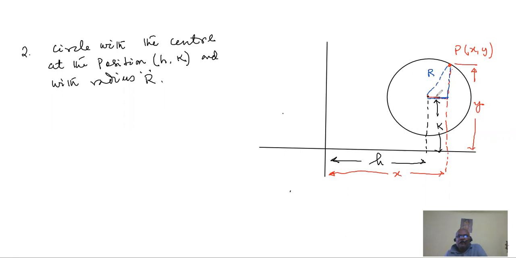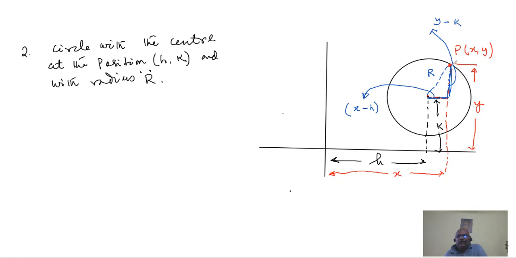If you try to find the base, you look at the coordinates of the point and the center, and it will be x minus h. If you look at the perpendicular part, we know the perpendicular is nothing but the difference of y and k. So that will be y minus k.